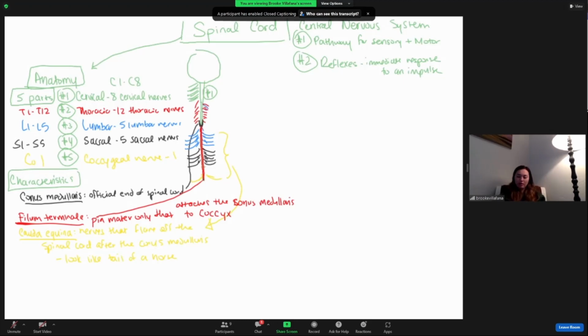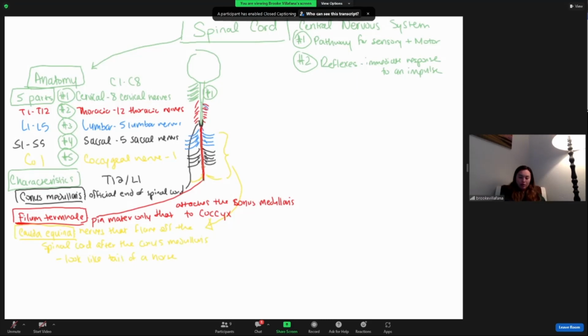So the part that extends from the conus medullaris down to the coccyx is the filum terminale. So those are 3 different terms you would want to know: conus medullaris, the official end, and the fact that it's at T12 and L1. Filum terminale, the fact that it extends as a piece of pia mater from the conus medullaris to the coccyx. And then cauda equina, referencing those last nerves that flare like the tail of a horse.